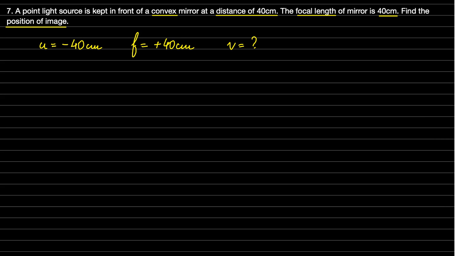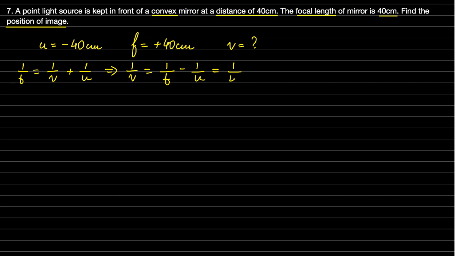So what I do here is I would again use the mirror formula only. So that is 1 by F is equal to 1 by V plus 1 by U. Now we need to find V, so that means I can write 1 by V is equal to 1 by F minus 1 by U. Now we just substitute the values. 1 by F happens to be 1 by 40.